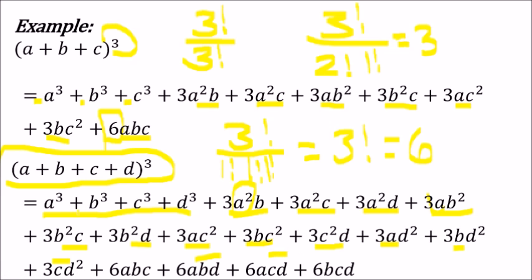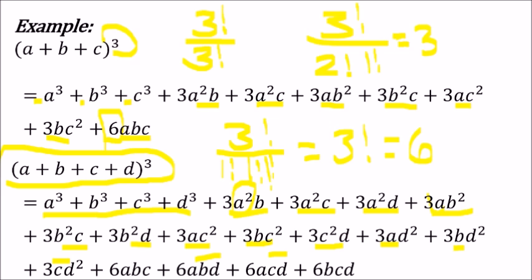Dito sa first 4, 1 yung coefficients niyan kasi nga single digit and then exponent is 3. That is 3 factorial over 3 factorial. Dito sa pangalawa, 3 lahat ng coefficients kasi nga lahat ng variables diyan ay combinations ng exponents na 2 and 1.